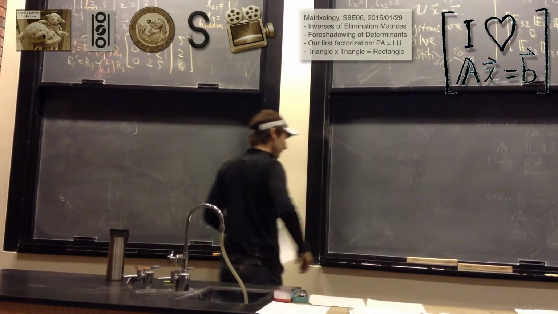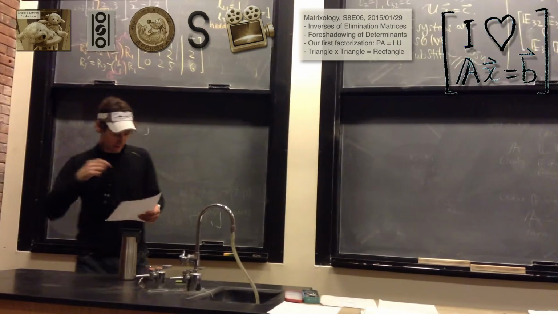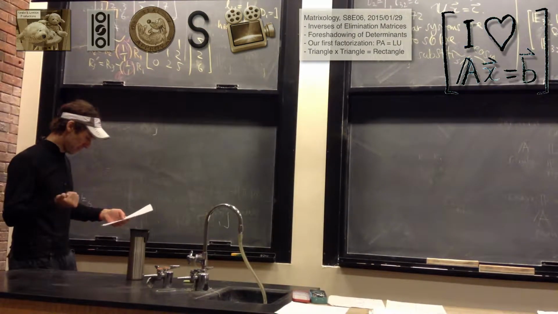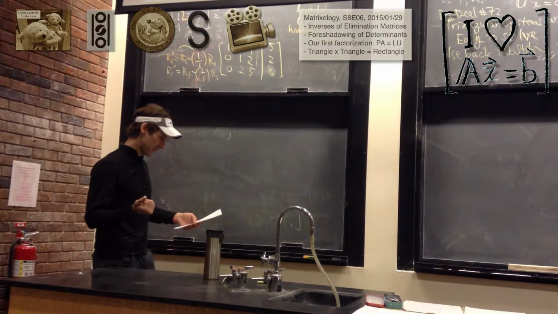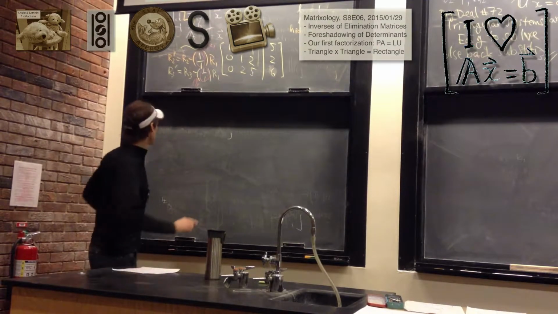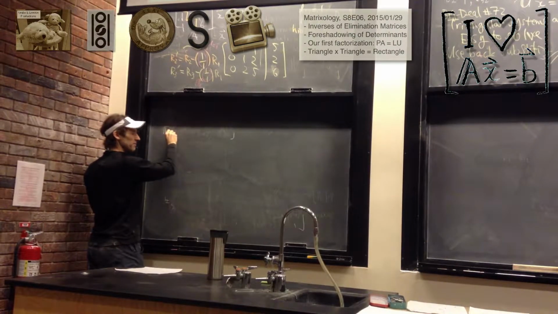All right, so they're easy. They're lower triangular. Let's do a multiplication.